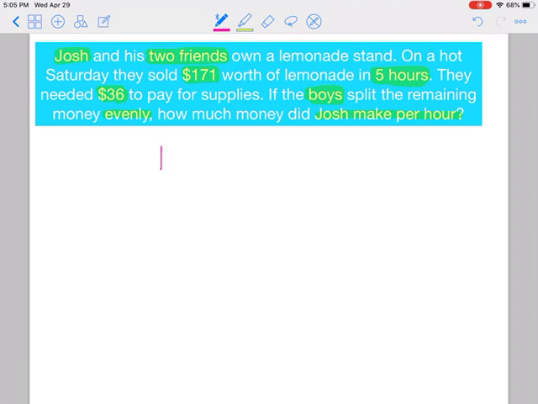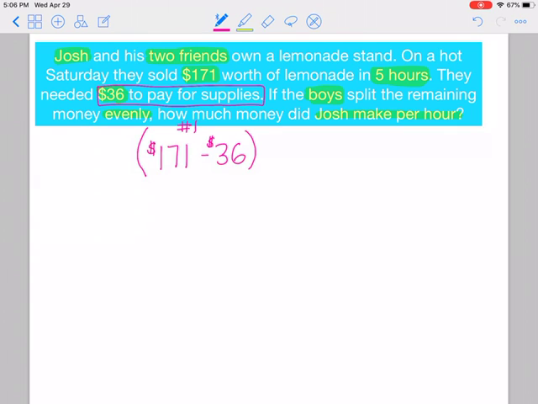So they made $171 altogether. But remember, they used $36 of that to pay for supplies. So you have to subtract that. And I'm going to put a parentheses around it. That's the first step. Step number 1 is to figure out how much money the boys made all together after they bought their supplies.